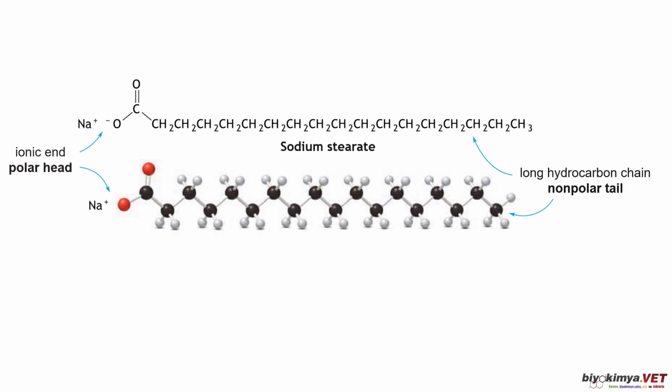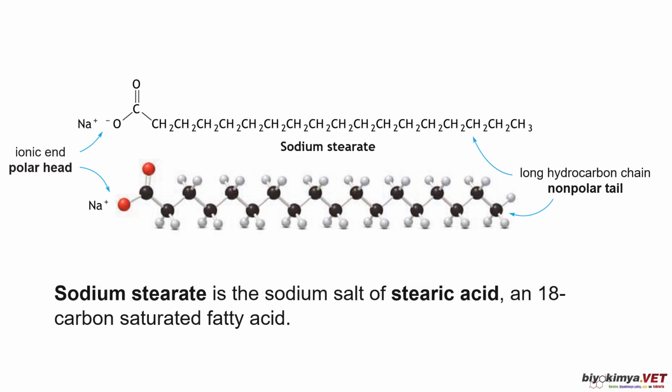And here is an example of sodium stearate having a nonpolar tail and an ionic polar head. Sodium stearate is the sodium salt of stearic acid, an 18 carbon saturated fatty acid.